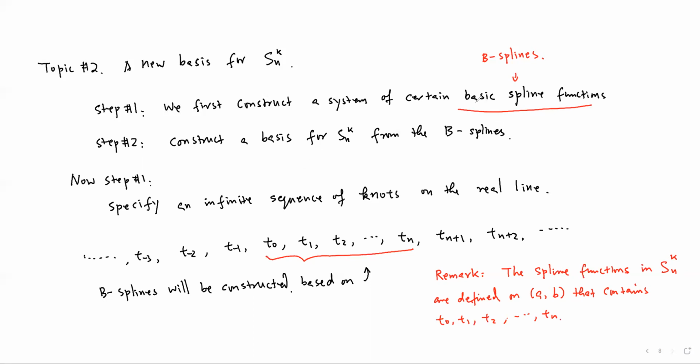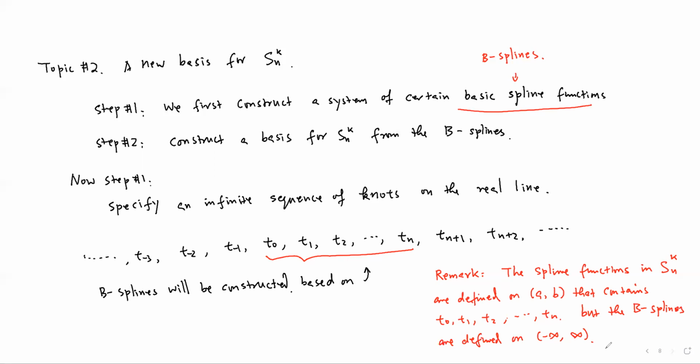But the B-splines are defined on negative infinity to positive infinity. We use all the knots in this sequence to construct B-spline functions. So B-spline functions are defined on the whole real line.